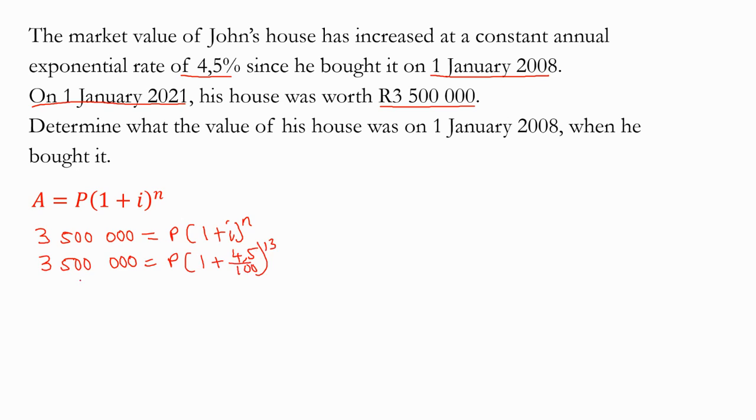Okay, then we divided both sides by this whole bracket. So we say 3,500,000 divided by the whole bracket here, 1 plus 4.5 divided by 100 to the power 13, is equal to P.